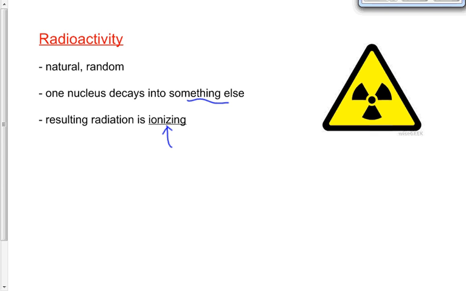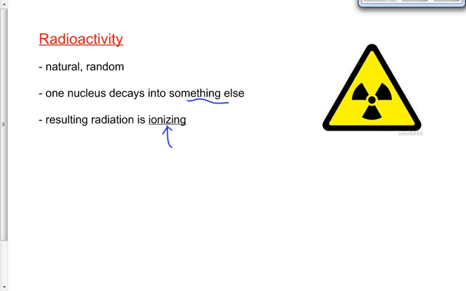Now, why is that a big deal? Well, sometimes it's not. But this radiation that's produced is sometimes harmful to us and to other living things because of its nature of being ionizing. Why? Well, if you start turning atoms inside our body into ions, then funny things start happening. Ions don't react the same way that atoms do. If you get ions floating around that aren't supposed to be there, then we start getting chemical reactions that aren't supposed to happen. And those chemical reactions might lead to things like sickness, radiation poisoning.